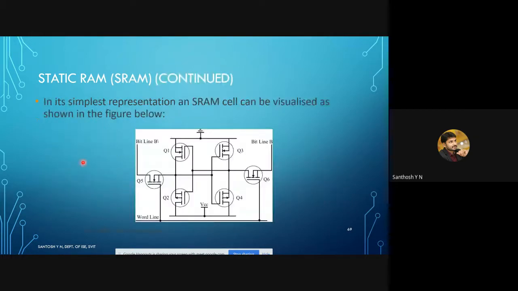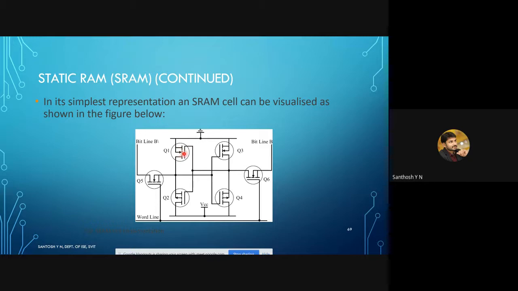This is the exact diagram or the implementation of the SRAM. If you just observe here, all these are FETs, field effect transistors, which we have already discussed. Field effect transistors have 3 terminals: gate, drain, as well as source. In between there is an arrow mark.